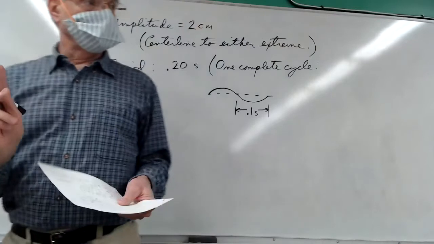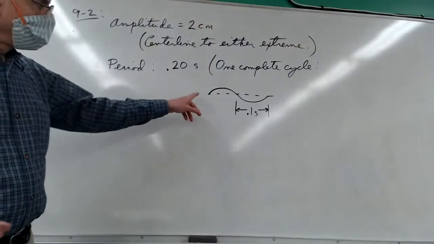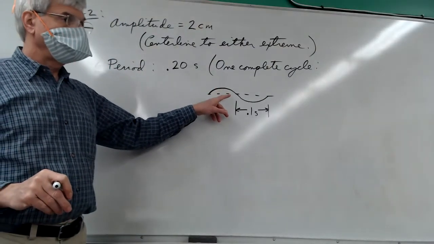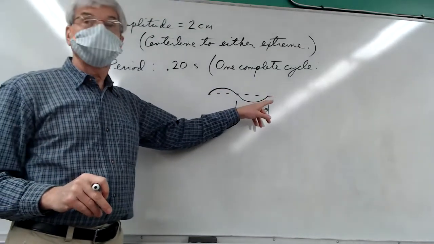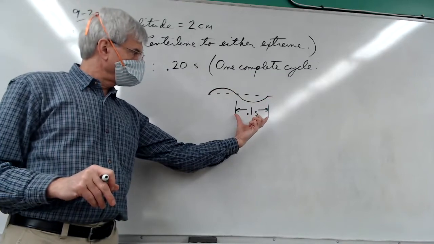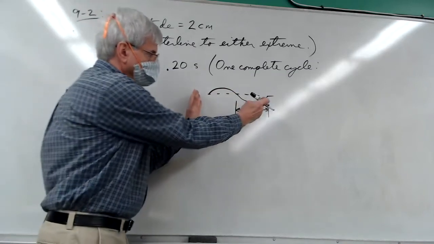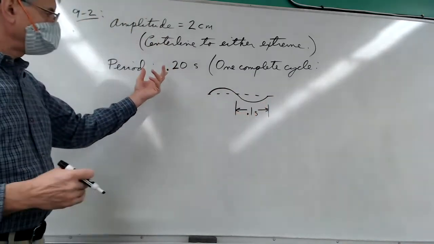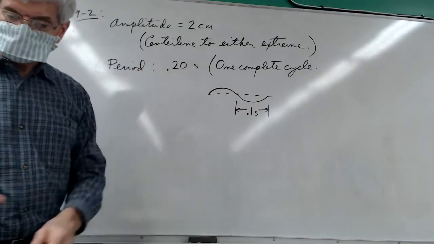One complete cycle, one complete vibration, is the top half and the bottom half of the graph. And this was 0.1 of a second labeled from there to there. If half of it's 0.1, that makes the whole period 0.2.